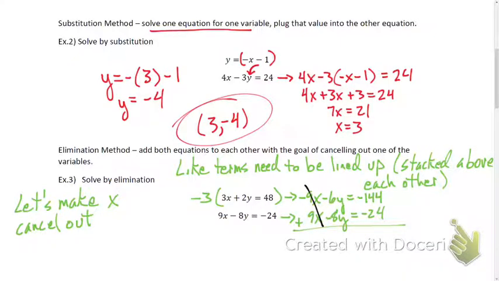And we end up with negative 14y equals negative 168. Hopefully 168 is divisible by 14. And we get 12.